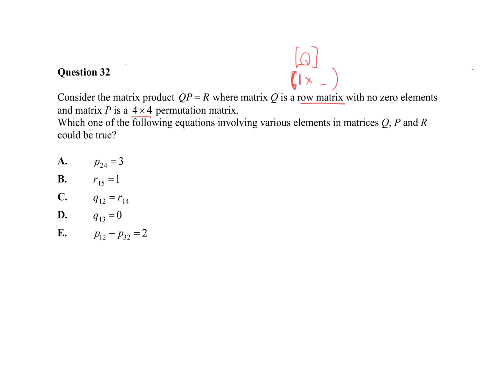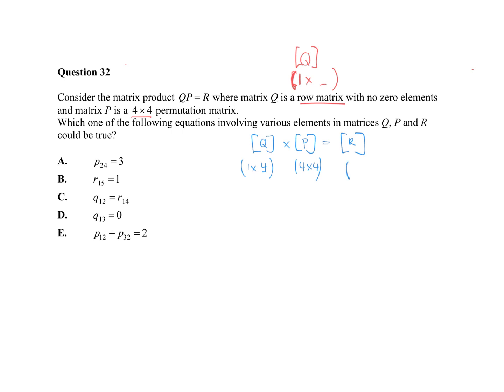So what you need to do is always write out what you know. So I've got Q times P equals R. I knew that Q was a 1 by something, but then I knew P was a 4 by 4. So therefore, this has to be 4 because it produces an answer.